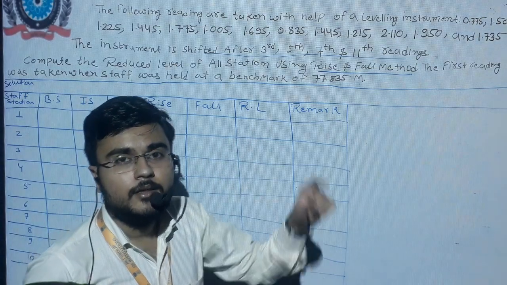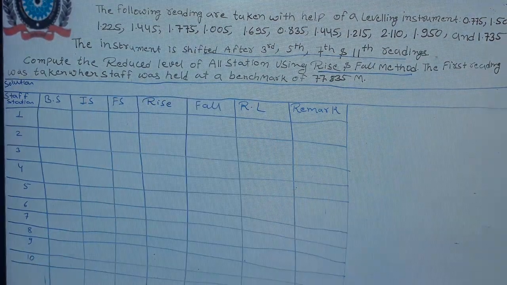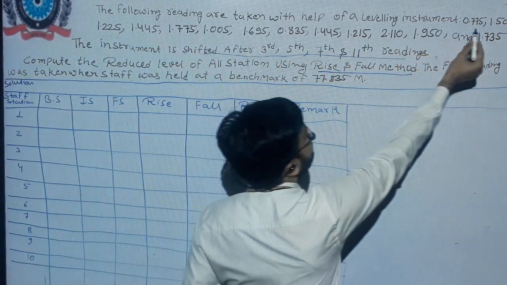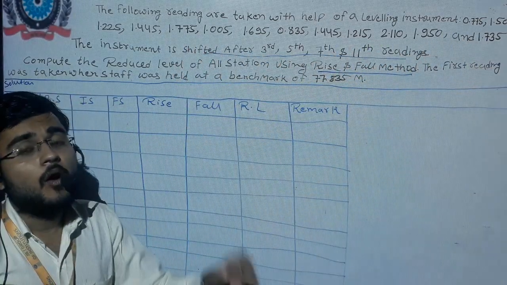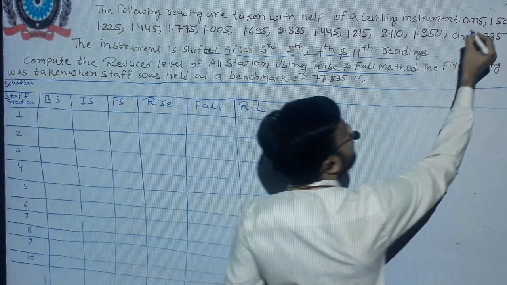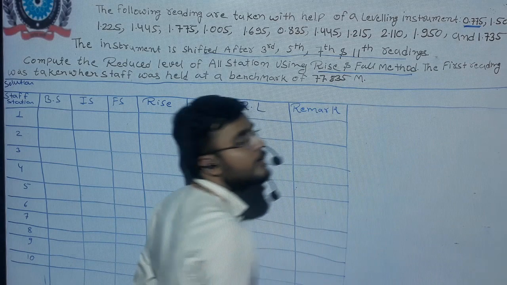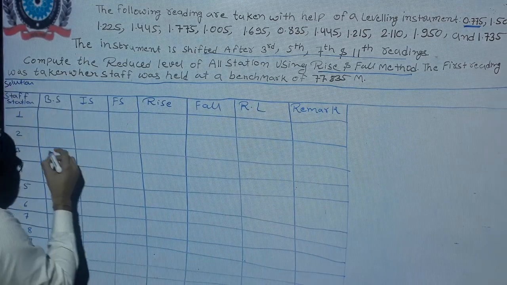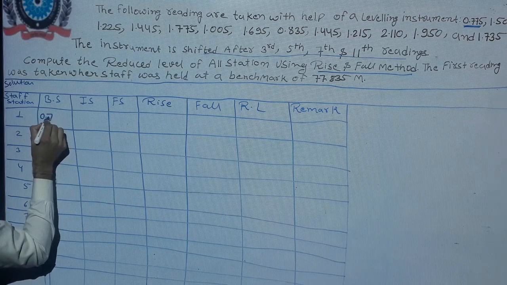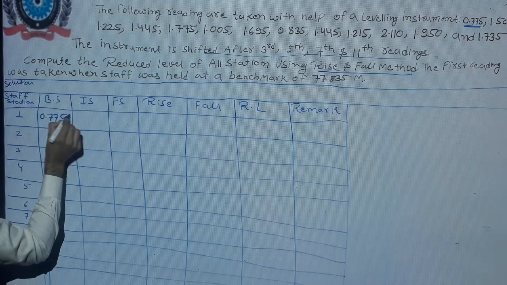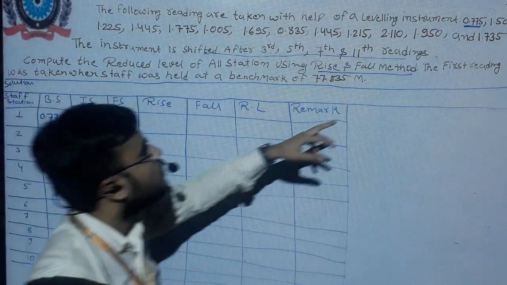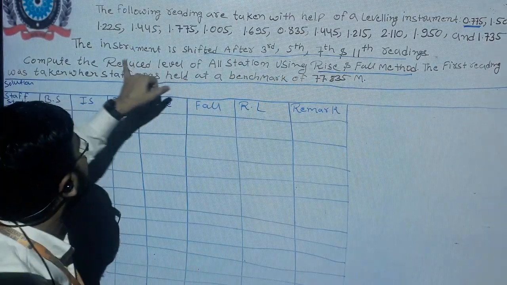As I discussed, the first reading. Now let's move to the question. The reading taken on the leveling instrument: as I discussed, the first reading will always be backsight. So here 0.775 is the backsight reading, and I will fill it here. It is the first reading. Now second, third, fourth.